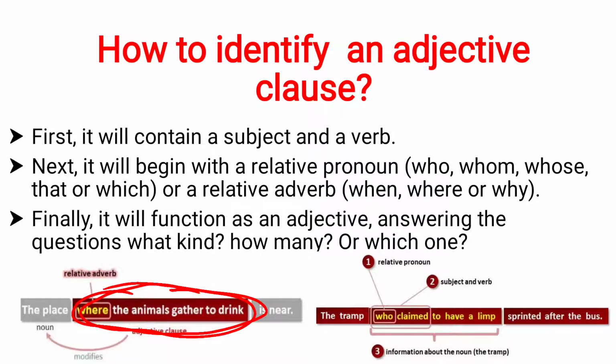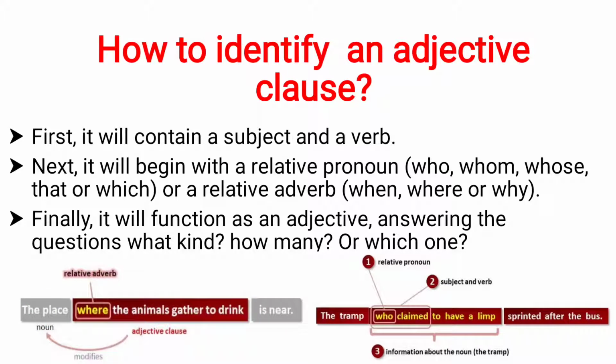And does it fulfill all the requirements of an adjective clause? Yes, it has a subject, animals, and it has a verb, gather, and it has a relative adverb, where, and most of all, it is giving us information about the place.